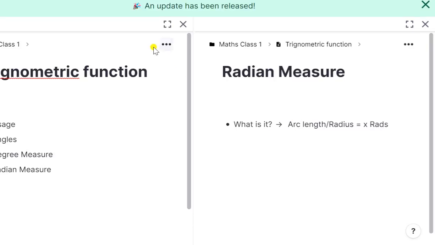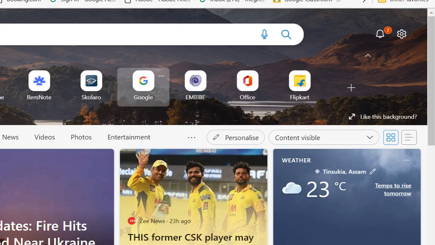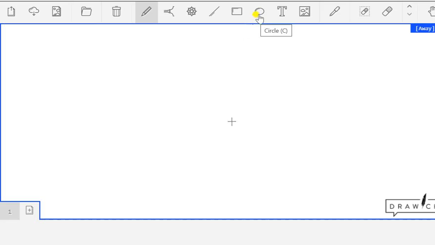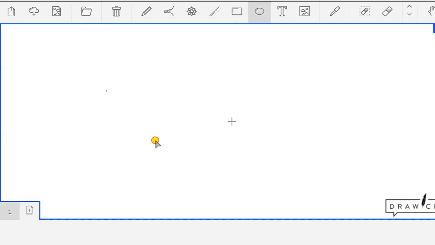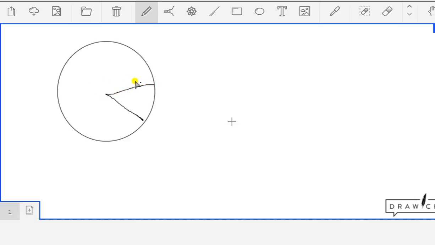So if arc length and radius are the same, let's make a circle. We have a circle right here, and let's say the radius is 2 centimeters.